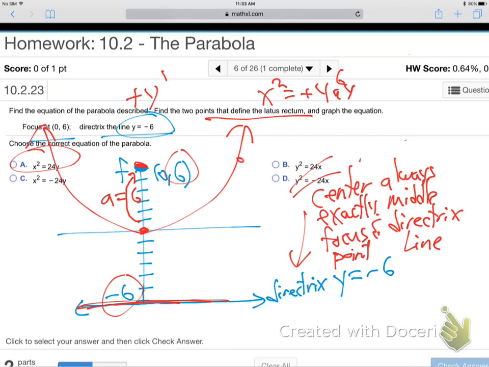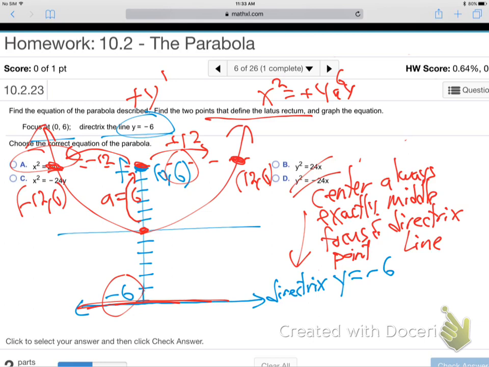So it's going to be here and here. They're always at the level with the focus, but they're double. So this would be 12 this way and back 12 that way. Double the focal, right? So this would be over 12 up 6, back 12 up 6. We good? For the 2 latus rectum points?